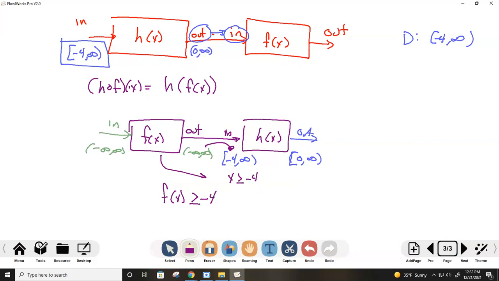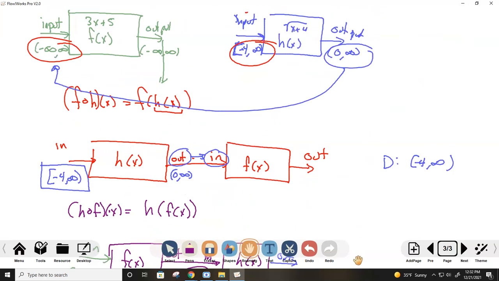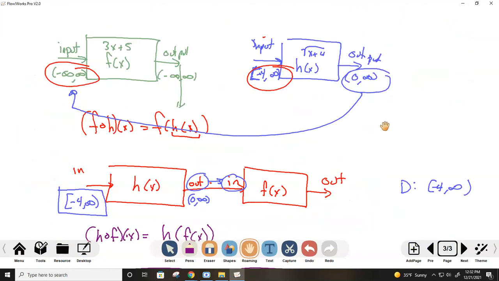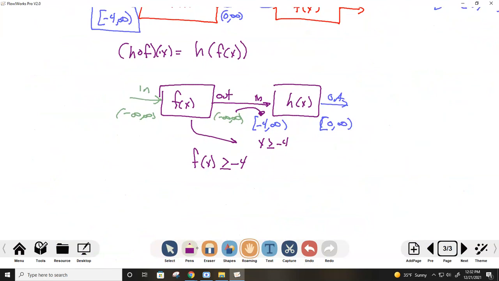F of x was, what did I say it was? Go back up, 3x plus 5. So 3x plus 5 has to be greater than or equal to negative 4. So when we subtract 5, we get 3x has to be greater than or equal to negative 9. Divide by 3, I get x is greater than or equal to negative 3.